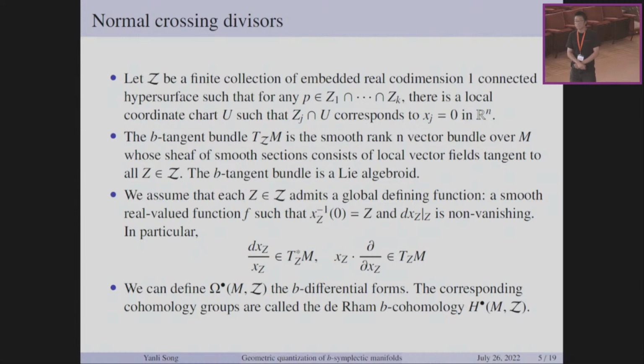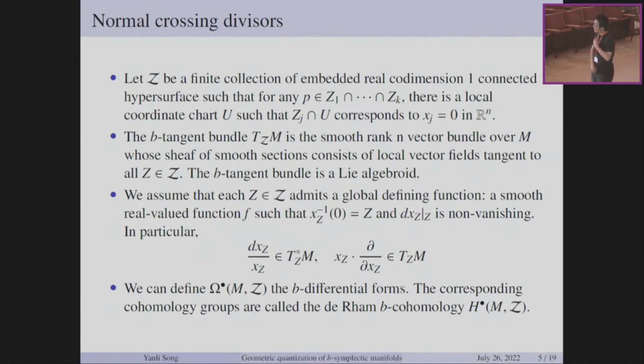In this case, the b-tangent bundle will have terms like x_Z times a vector field, which vanishes along Z. And the b-cotangent bundle will consist of forms like dx_Z over x_Z. This will be singular: as x_Z goes to 0, this form will blow up, but it still lies in the b-cotangent bundle. Using the b-tangent bundle, we can define differential forms.